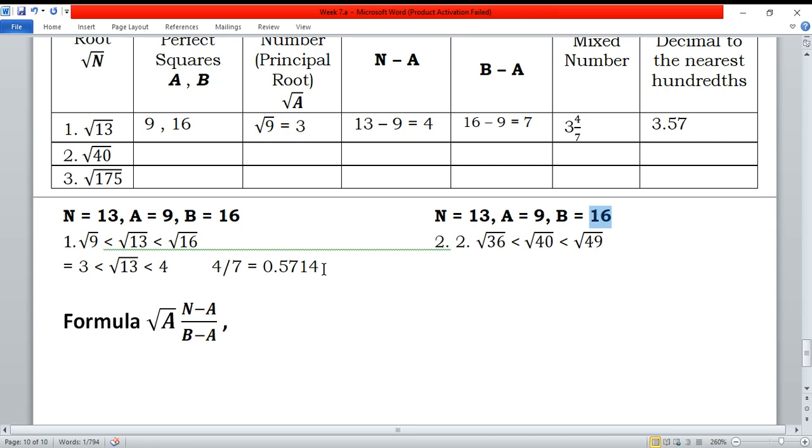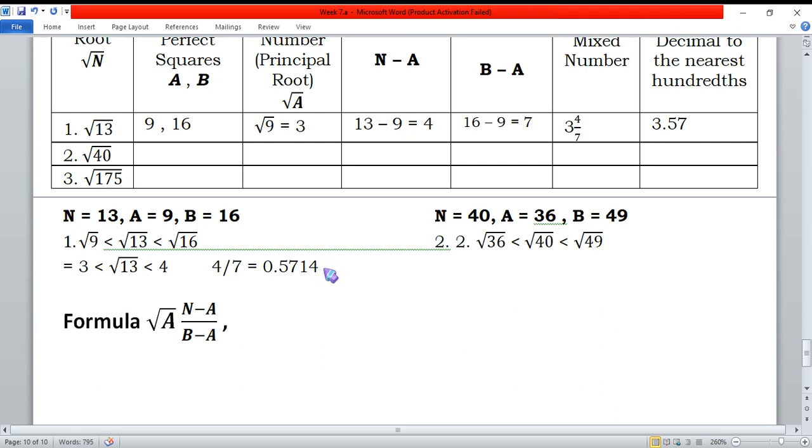Ano ang i natin dito? Ang n natin ay 40. Ang a natin ay 36. Ang b natin dito ay 49. Ayun.